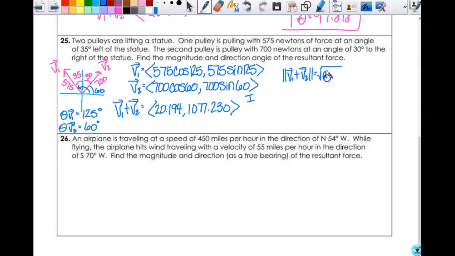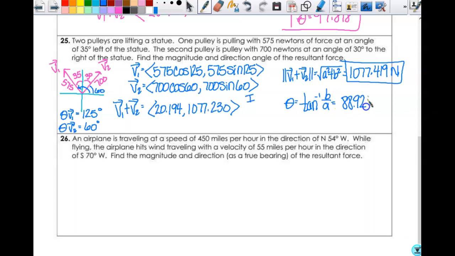It's going to be the square root of a squared plus b squared, the exact numbers from my calculator, and that will give me 1077.419 newtons. Then I find theta. That's the tangent inverse of b over a, so this number over this number. My calculator gives me 88.926 degrees. This is a first quadrant. It's what I want. That is the first quadrant. There's my angle.